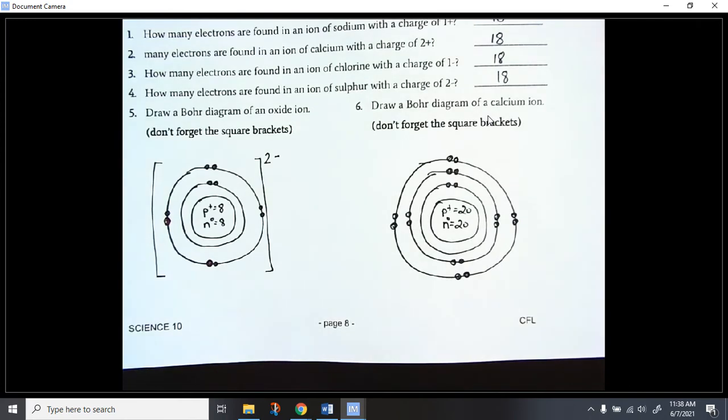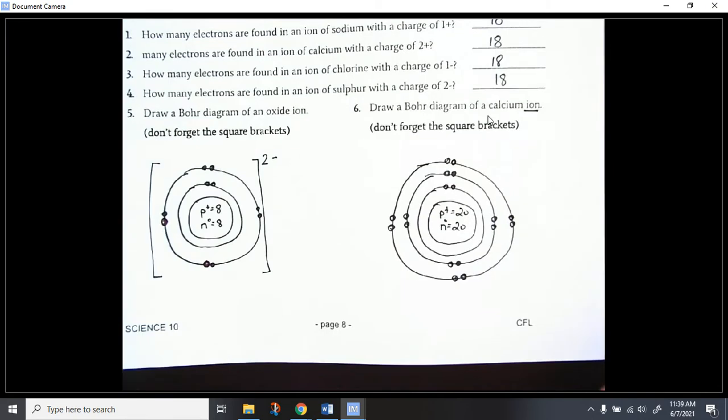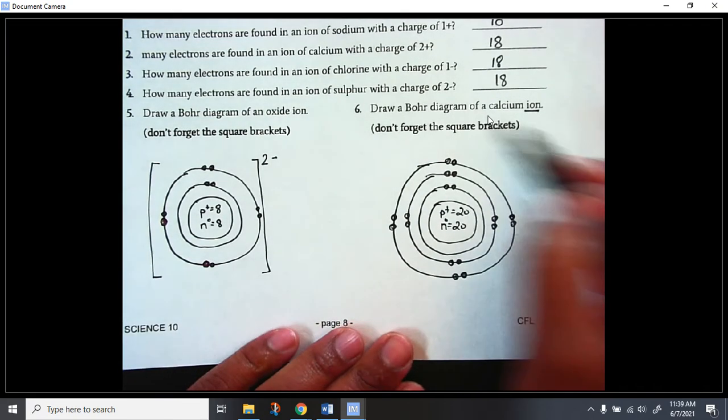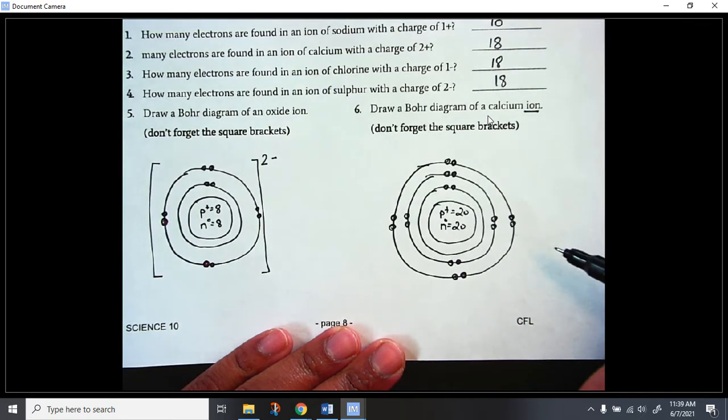Now, normally I'd add another layer and I'd have 2 more on that layer. But if I draw those 2, it's unstable. That's the atom form. I'm trying to make an ion, which means it gains or loses an electron to become more stable. So I'm just saving myself a step, so I don't need to draw it twice here.